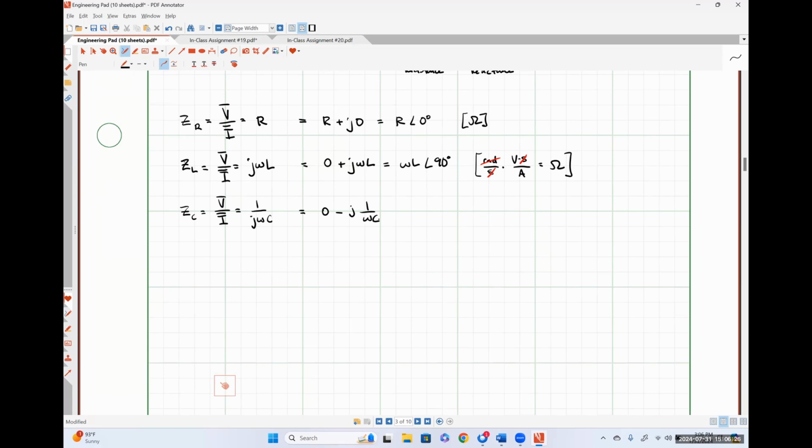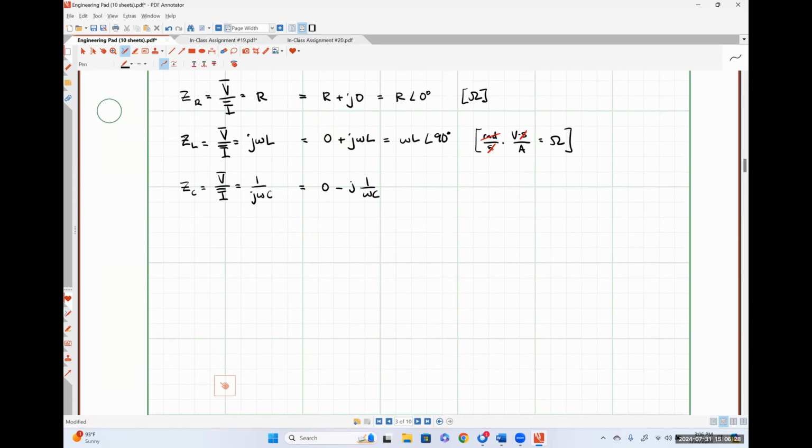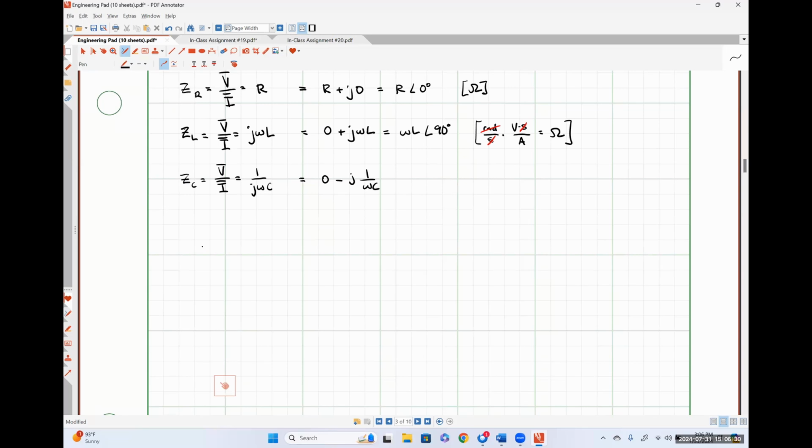Let me explain really quickly where that minus sign comes from. So 1 over J times J over J looks like J over J squared. What's J squared? -1. -1.